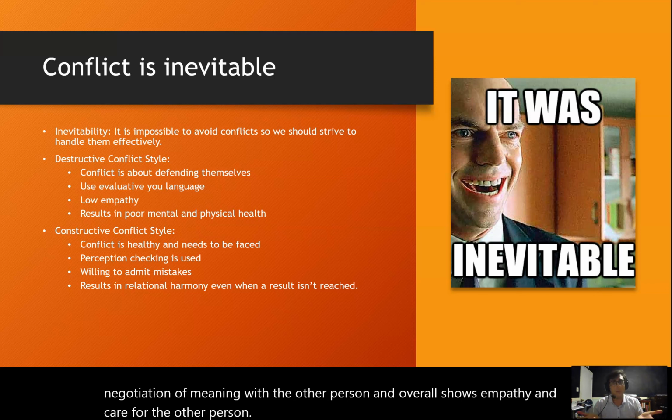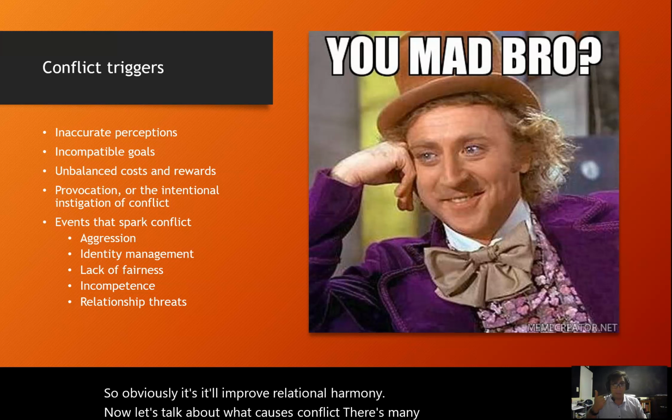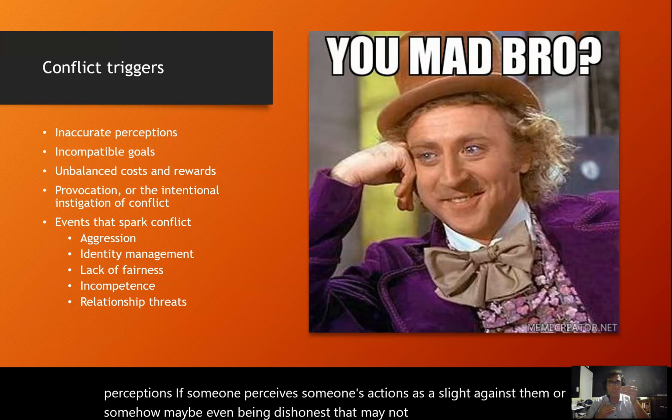So obviously it'll improve relational harmony. Now let's talk about what causes conflict. There's many things. First, inaccurate perceptions. If someone perceives someone's actions as a slight against them, or somehow maybe even being dishonest, that may not be what the other person actually meant to send.